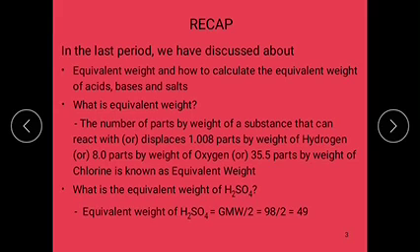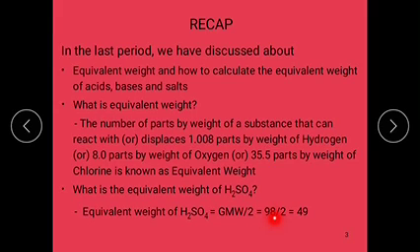That is the sum of the gram atomic weights of hydrogen, sulfur, and oxygen which are present in the molecule. That is equal to 98. Hydrogen is 1, sulfur is 32, oxygen is 16. When we multiply by the number of atoms of each element and sum, we get 98.